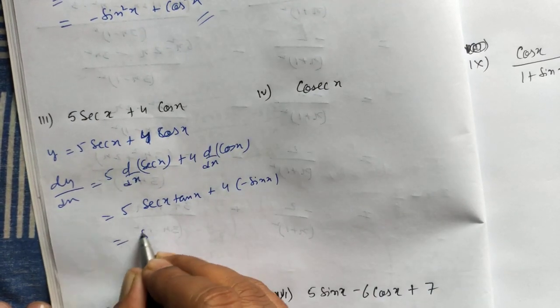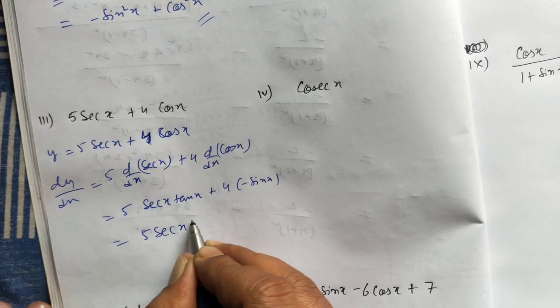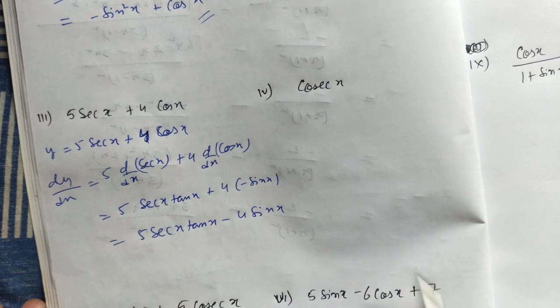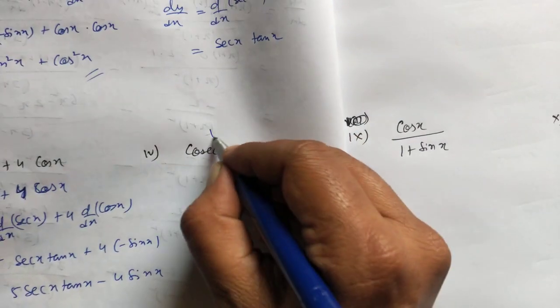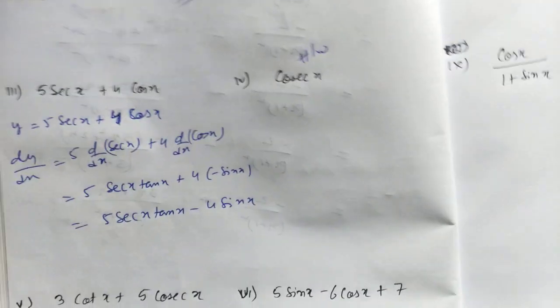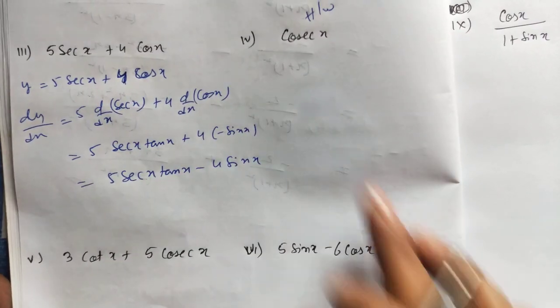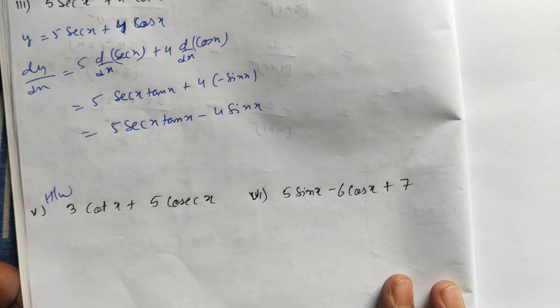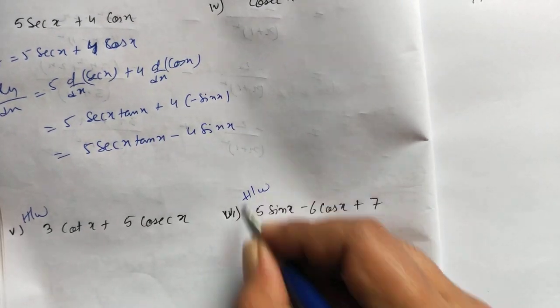So your answer is 5 sec x tan x minus 4 sin x. Similarly, you can do this one as a homework. Direct formula only. This one also you can do as homework. Put the value, direct formula. This one also you can do as homework.